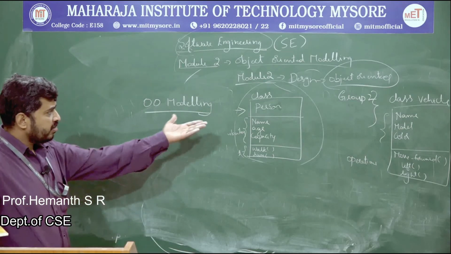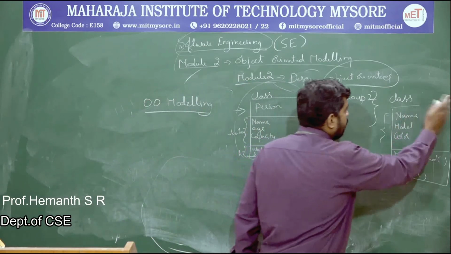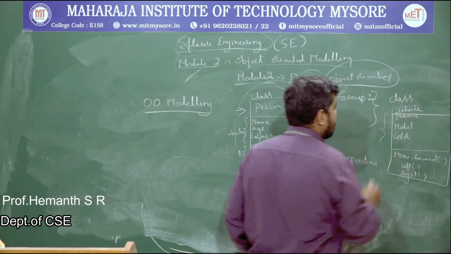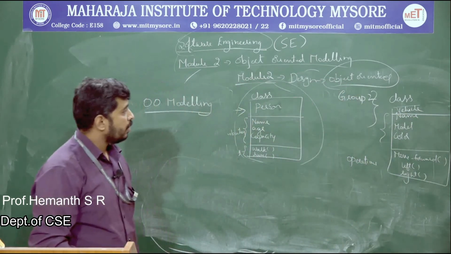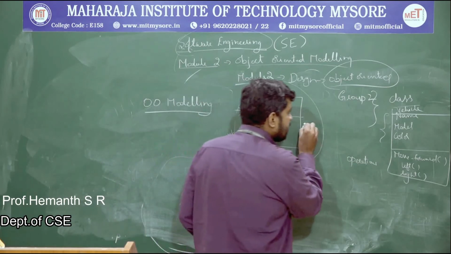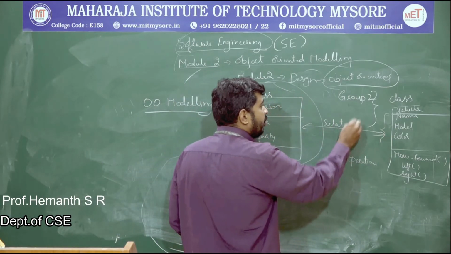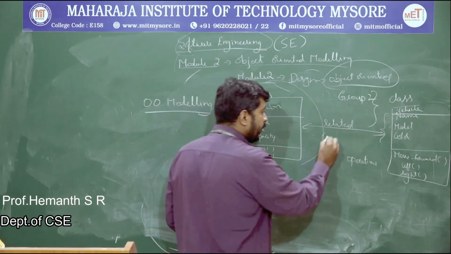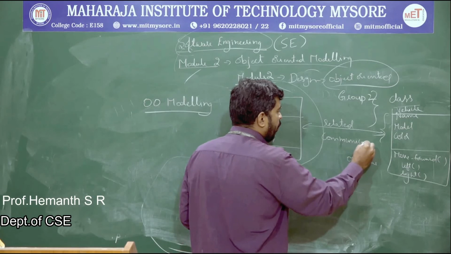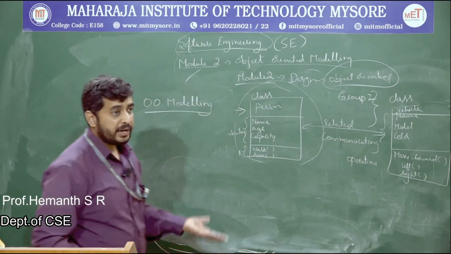We have different classes, maybe class person, class vehicle. How are they related to one another? How is class person related to class vehicle, how is class person communicating with this class? How they are related, how they are communicating.